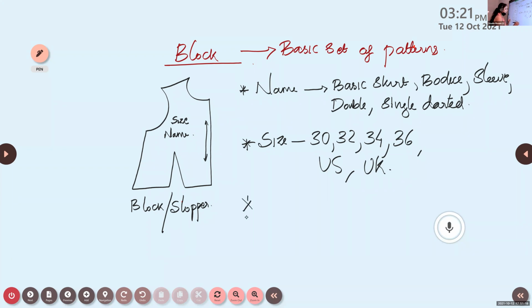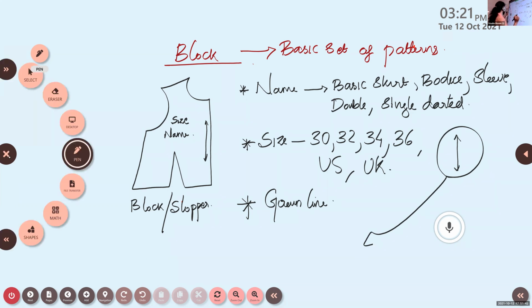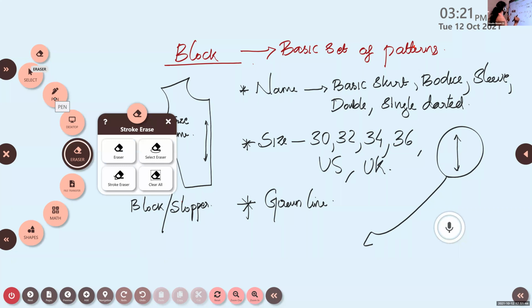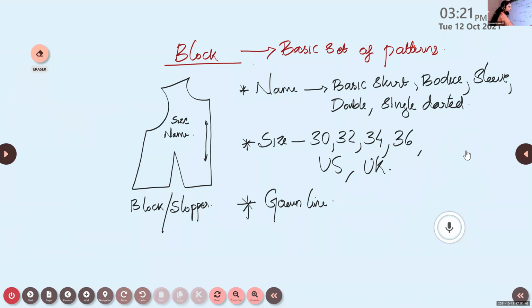The third information which will be there is grain line. This is the symbol which is used to denote the grain line.